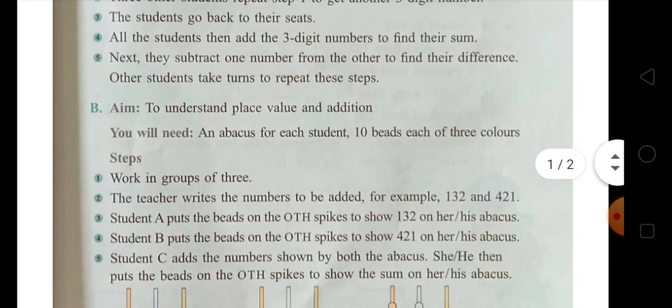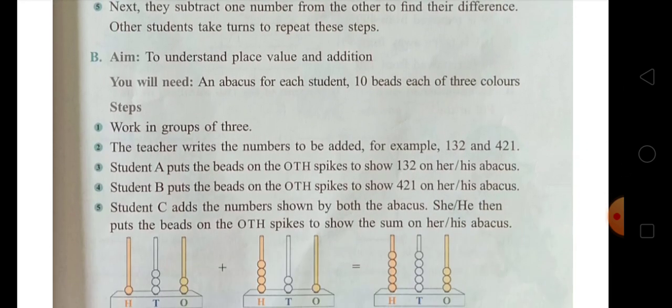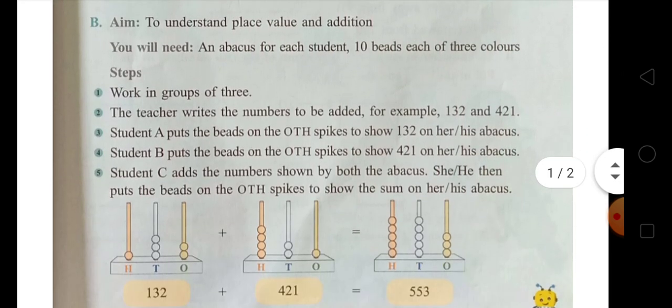Now activity B, that is given. What is the aim of this activity? To understand place value and addition. From this activity you have to understand place value and addition of bigger numbers. What do you need? An abacus for each student, and 10 beads each of 3 colors.